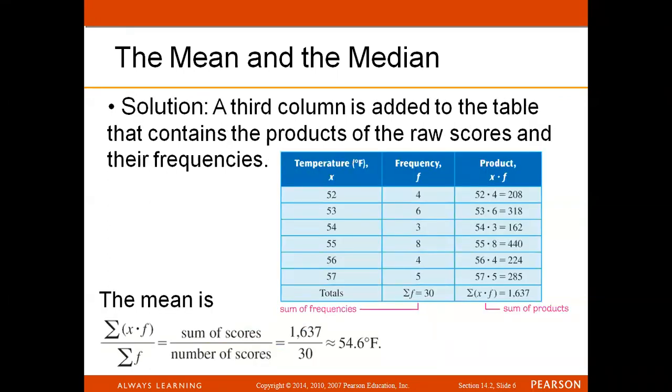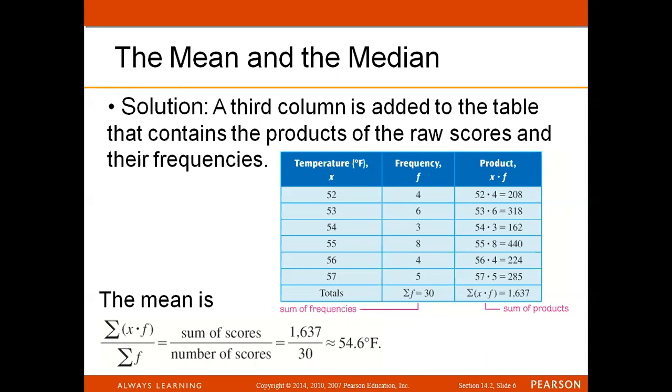A third column is added to the table that contains the products of the raw scores and their frequencies. So this time, we're not finding the relative frequency dividing f by n. This time we're multiplying x times f. So we take the product across the row.